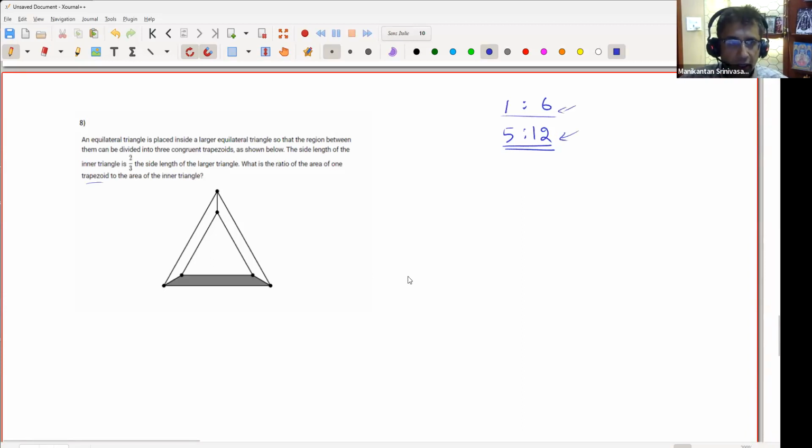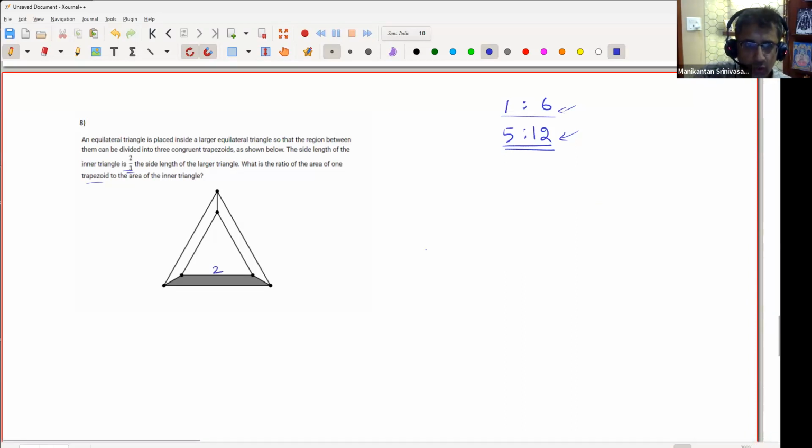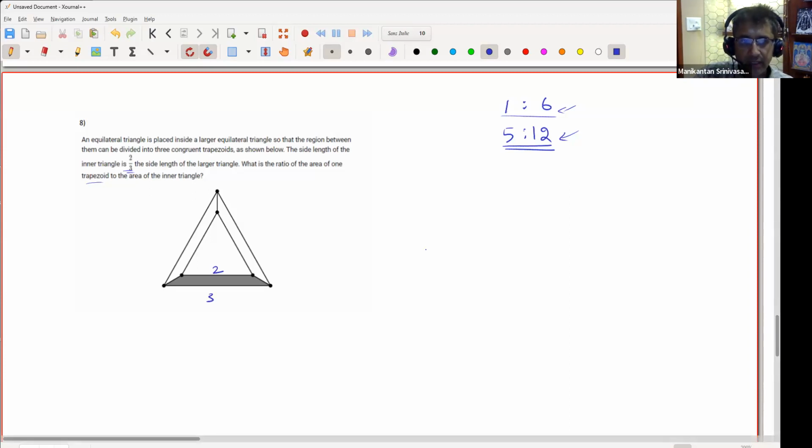Okay. All right. So an equilateral triangle is placed inside a larger equilateral triangle. The side length of the inner triangle is 2/3 of the larger triangle. So he's only talking about ratios here, so I can assume anything. I can assume this is 2 and this is 3, right? But then the balance would be 1 and therefore half and half here.